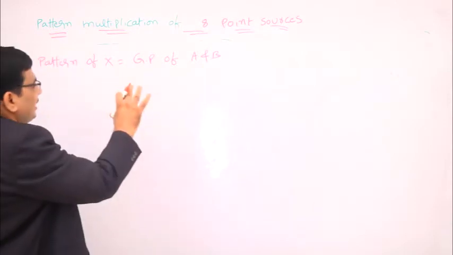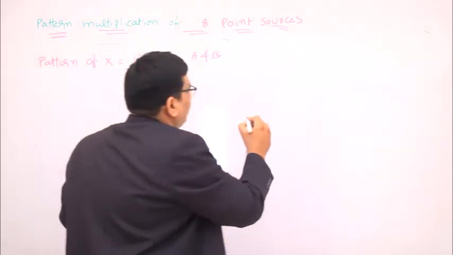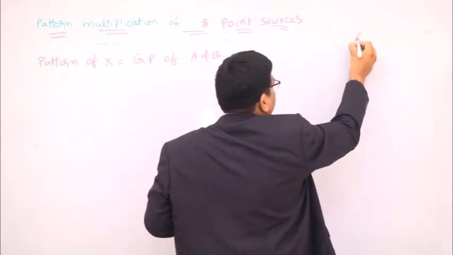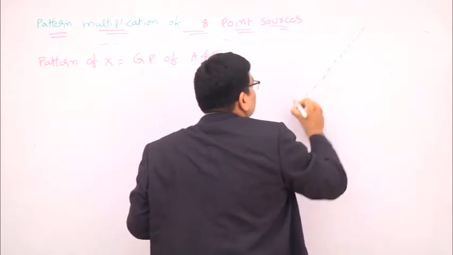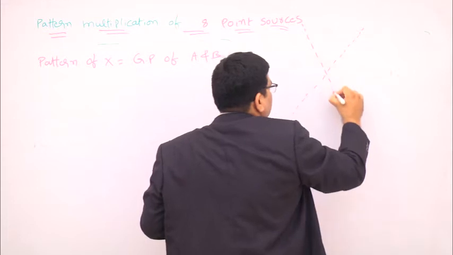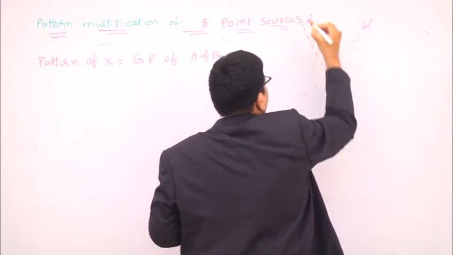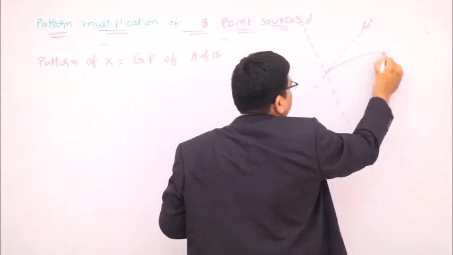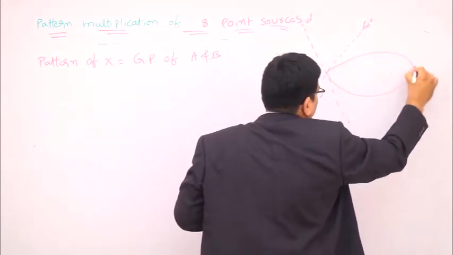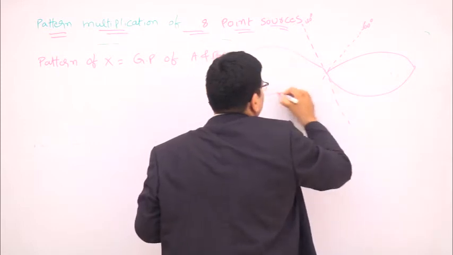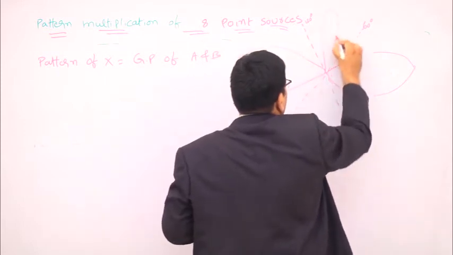For this, the radiation pattern has minima in the 60 degrees and 120 degrees directions, and in the directions of 0 degrees and 180 degrees we have the maxima.